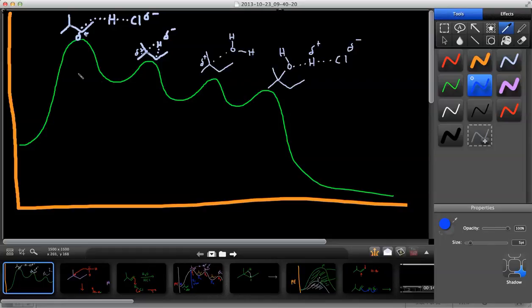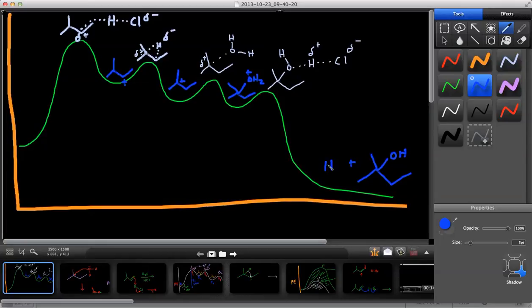Now going to our intermediates. Secondary carbocation, tertiary carbocation, protonated alcohol, product, and of course, remember we also have HCl.